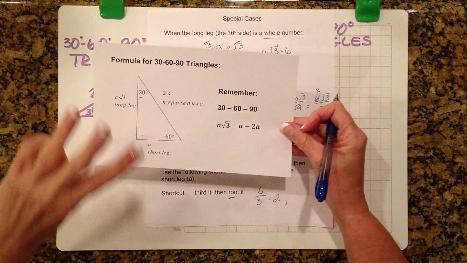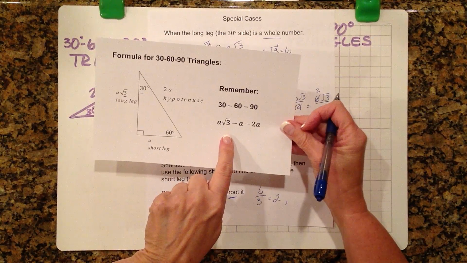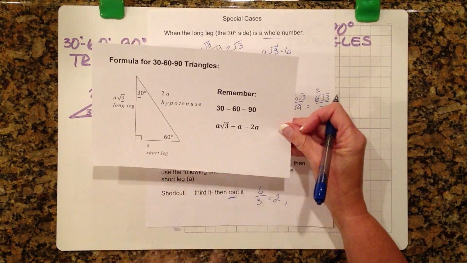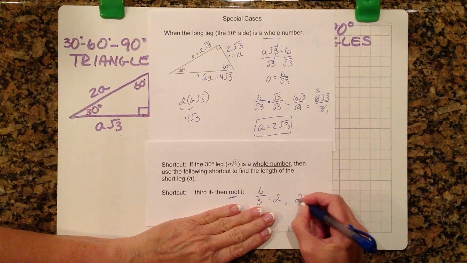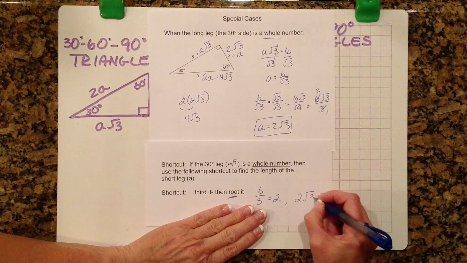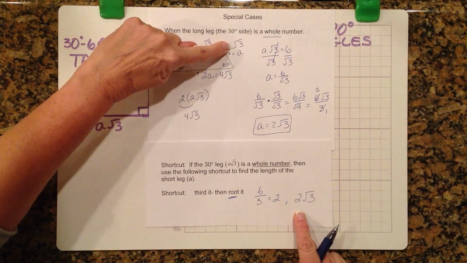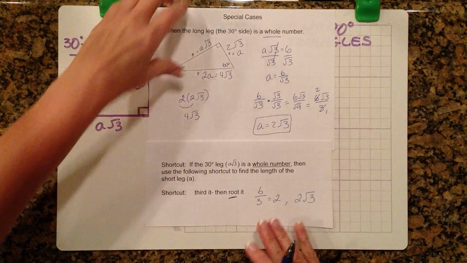Think of the number 3, 30 degree, 3. Think of square root of 3. So our root is going to be square root of 3. So the length of a is 2 square root of 3. I found that so much faster, didn't I?